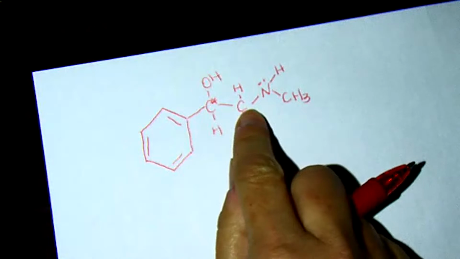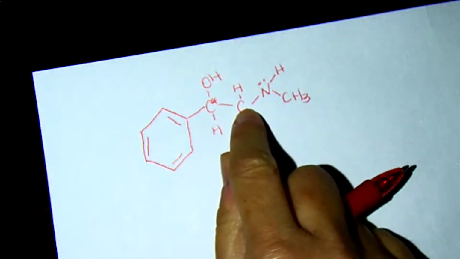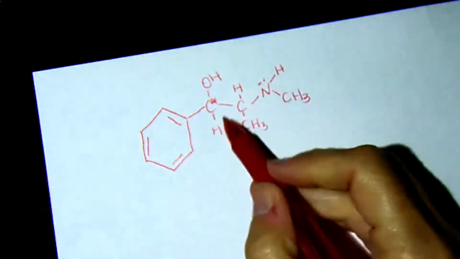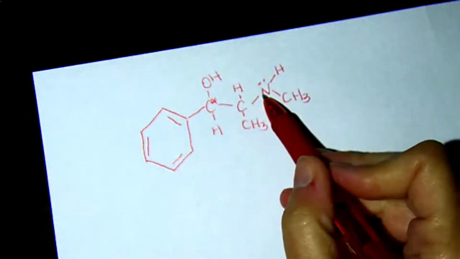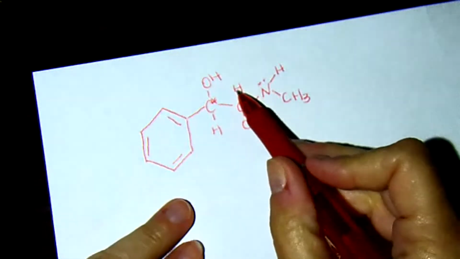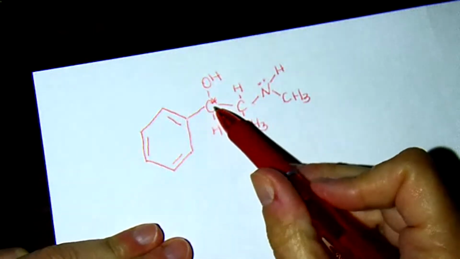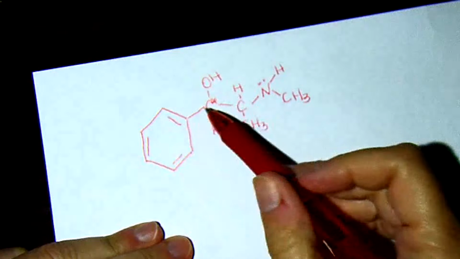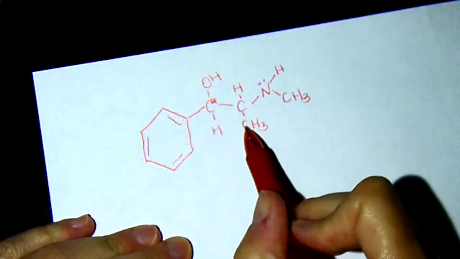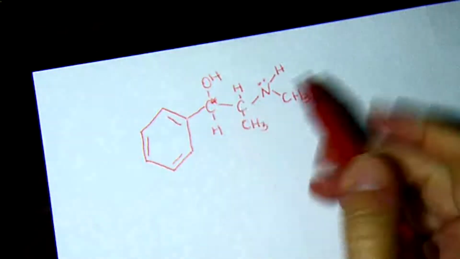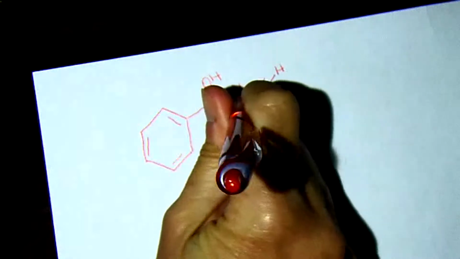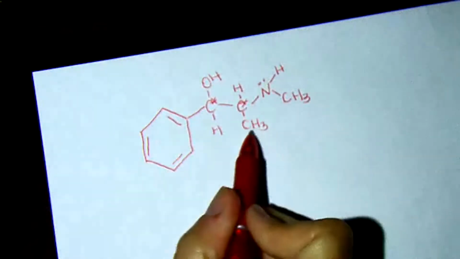The next carbon over, this carbon right here, it has 4 things attached. It has a nitrogen, a hydrogen, a methyl, and then it has this carbon here with all these other things attached. And so this carbon and this carbon are not identical. So this is also chiral.